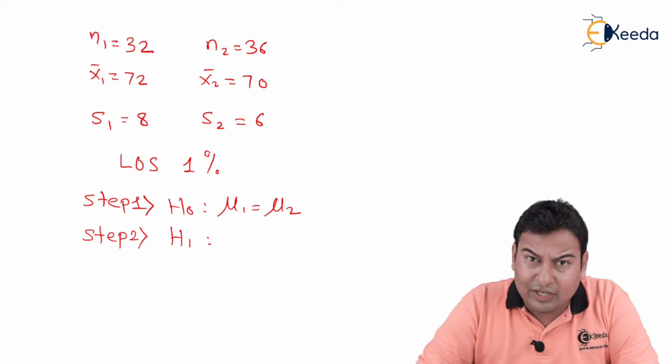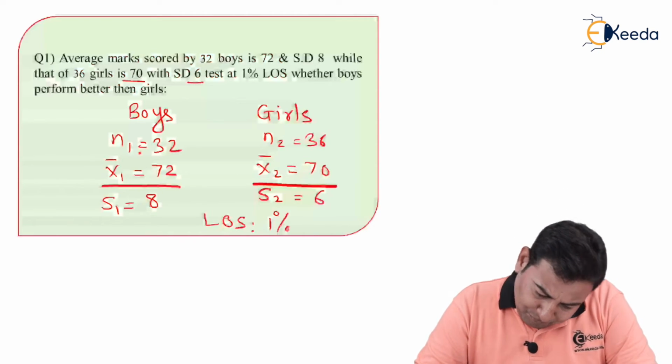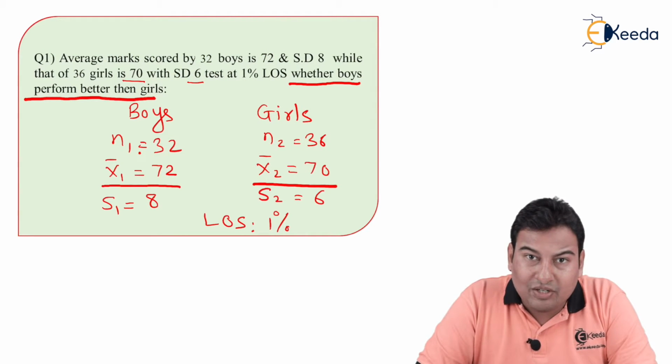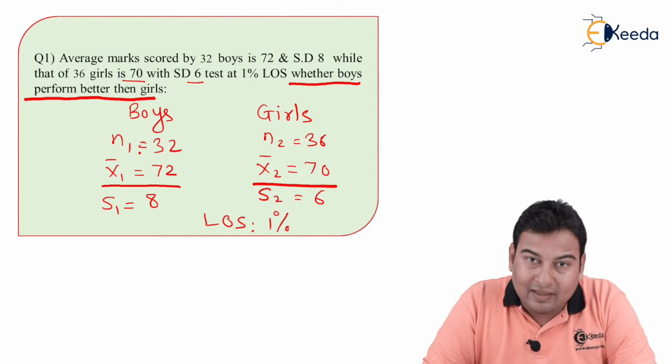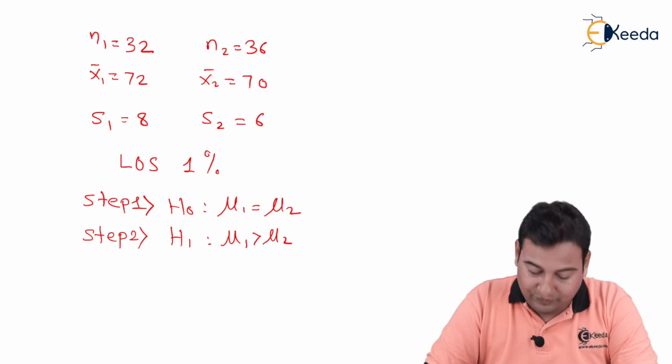So let us read the question again and try to identify which one it is. It is clearly mentioned in the problem, boys perform better than the girls. That means mu1 is greater than mu2, right?